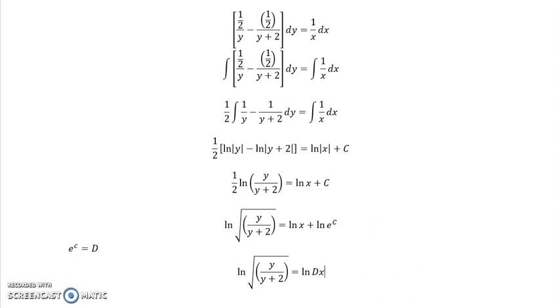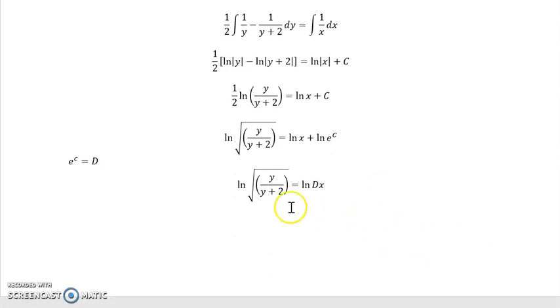Now that my two sides of the equation have log on the outside in both cases, and they're not multiple terms, now I can cancel the log and just take my square root. Not the log part, just the square root part.